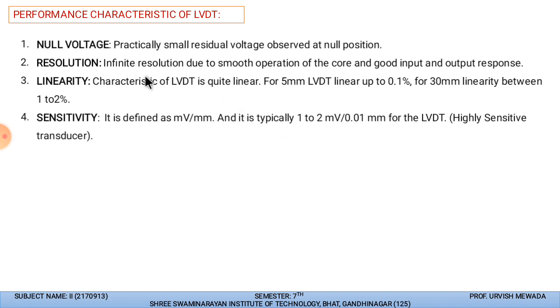Now the sensitivity is defined as millivolt per mm, as we are moving this LVDT gradually. So we can say, with a small movement we will have the millivolt output as the core moves. The sensitivity is defined as millivolt per mm, and it is typically 1 to 2 millivolt per 0.01 mm for the LVDT, and sensitivity should be as high as possible, and the typical value of LVDT sensitivity shows that it is a highly sensitive transducer.